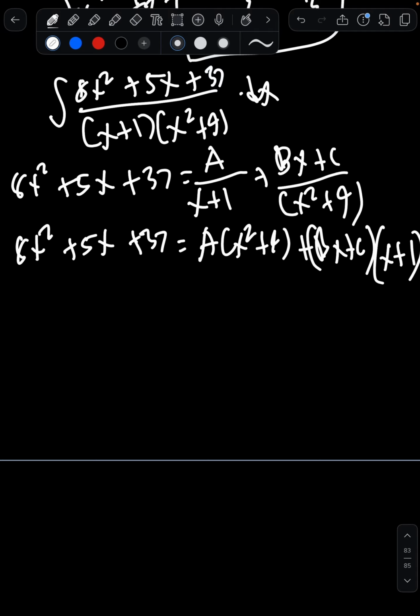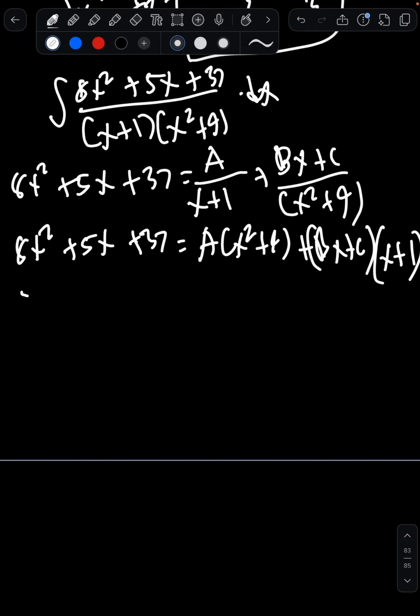So now we are going to see what we can do to make either A, B, or C cancel. If we let x equal -1, then B and C will both cancel out, and we'll just be left with A to solve for. Because -1 plus 1, right here, is 0, and everything that we multiply in is just going to become 0.